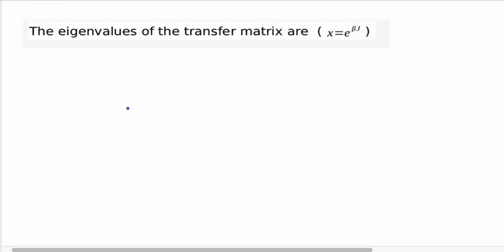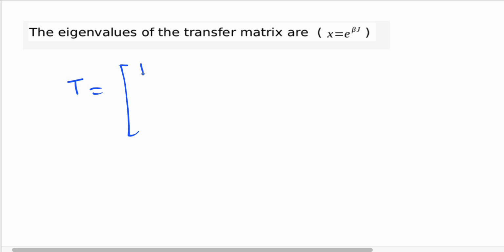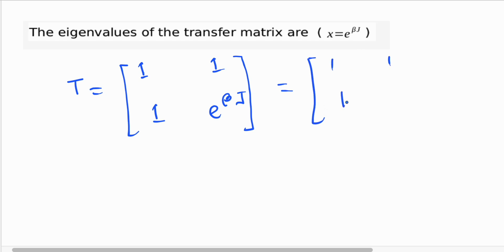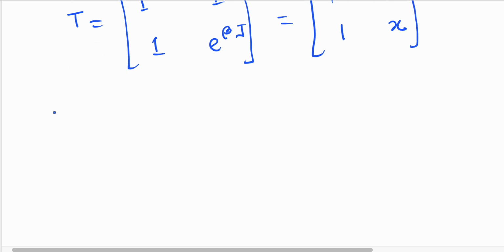So T is equal to the matrix with 1, 1 in the first row and 1, e to the power beta J in the second. Assume that beta J equals x.